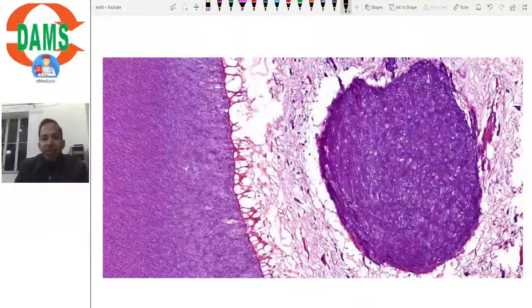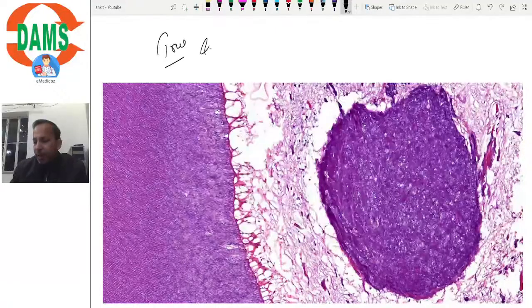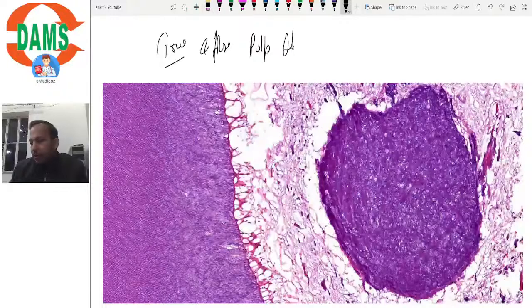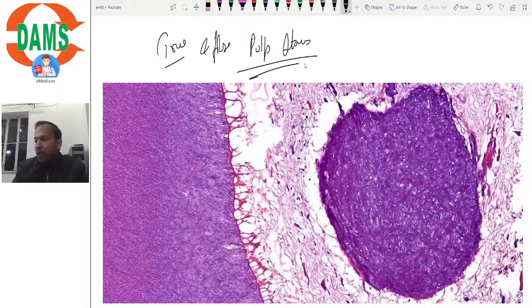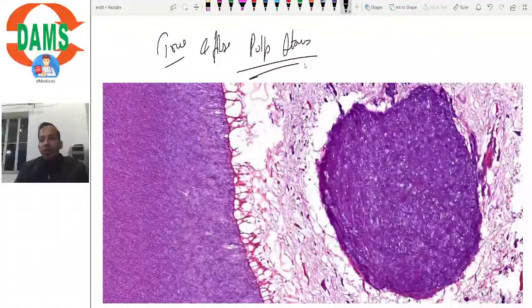Remember, we studied in class about true and false pulp stones. So how are true pulp stones formed? True pulp stones are deposited by odontoblasts. Somehow the odontoblasts get differentiated within the pulp and start depositing dentin within the pulp.